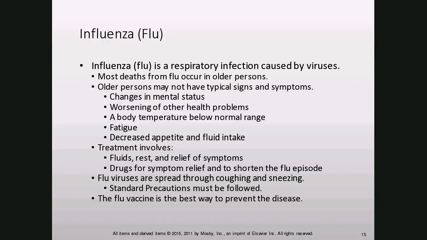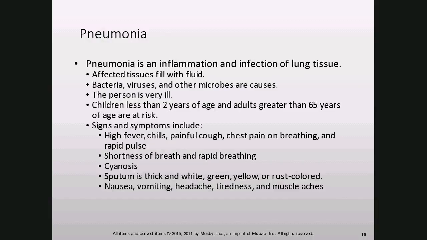Now, does that prevent every form of flu? Absolutely not. But it's the most prominent strains that are out there that we vaccinate against. So if they should get another type of flu, hopefully it won't be near as bad. And secondly, you can't fully prevent it because the virus mutates. That's why they have a vaccine every year. They're very good at it.